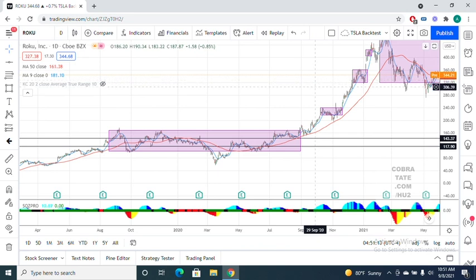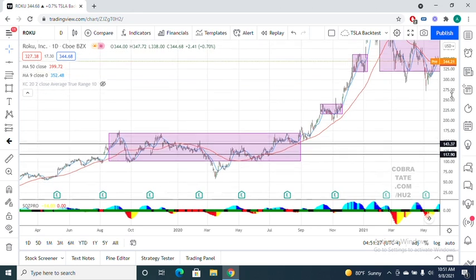The second way the price can move out of these boxes is it will go higher, pull back, retest the top of the box boundary, and then go higher. And the third way would be the price goes higher out of the box, comes back, retests the bottom of the first zone, and then it goes higher.